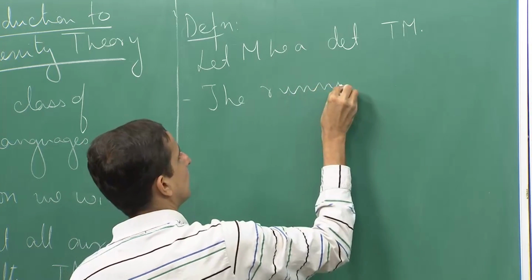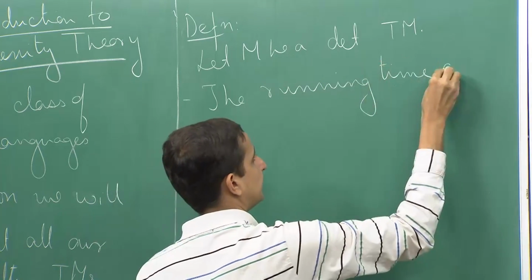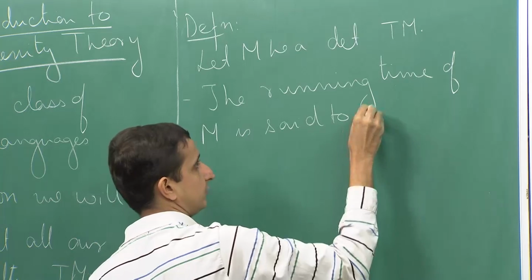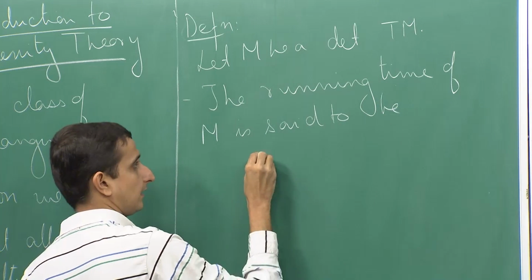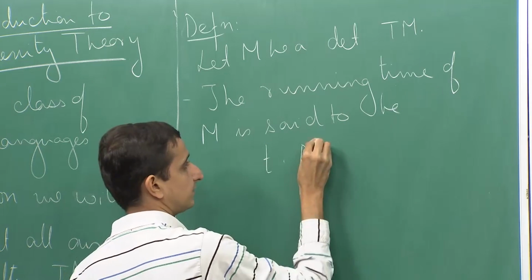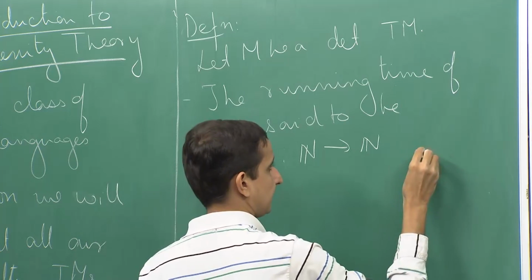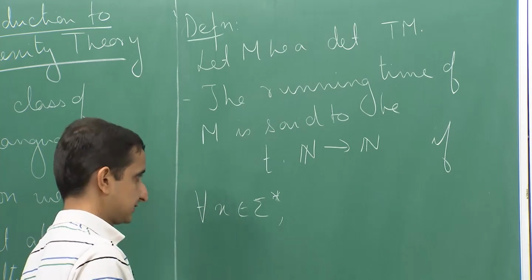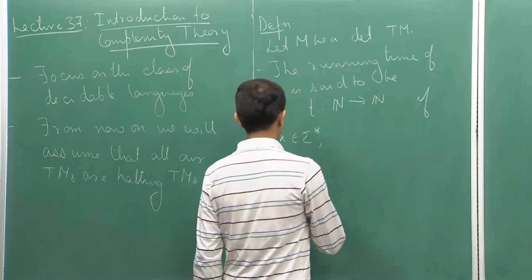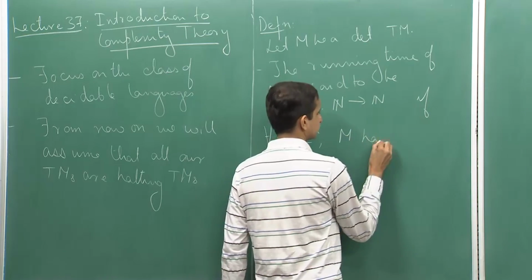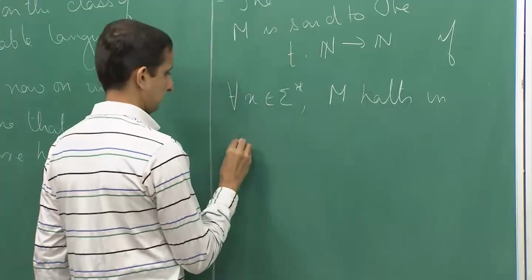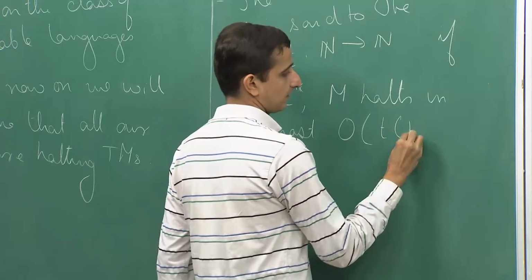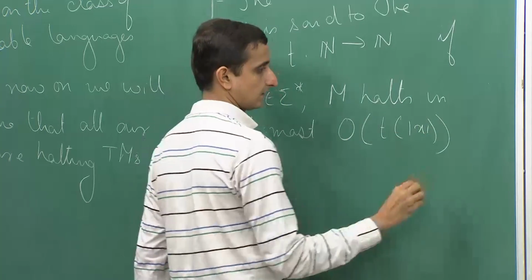The running time of M is said to be T, which is a function from natural numbers to natural numbers, if for all x in sigma star, M halts in at most order T of mod x number of steps.